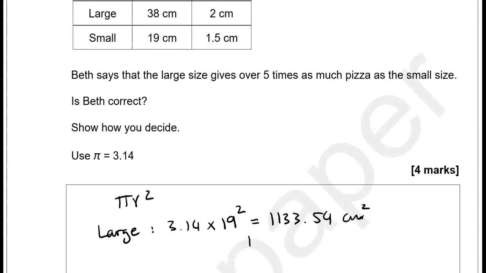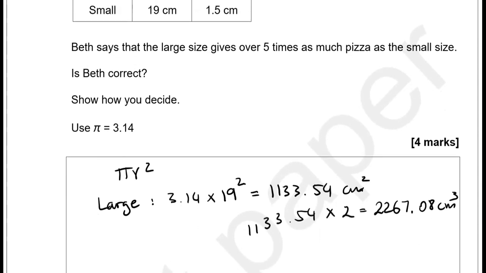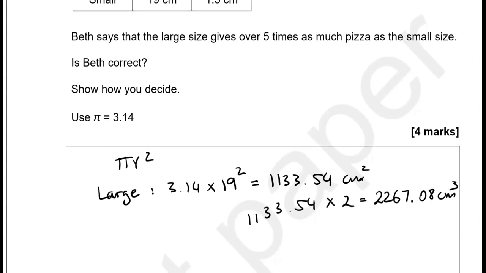So 1133.54 times 2 gives us 2267.08 cubic centimeters. Let's repeat the process for the small pizza.